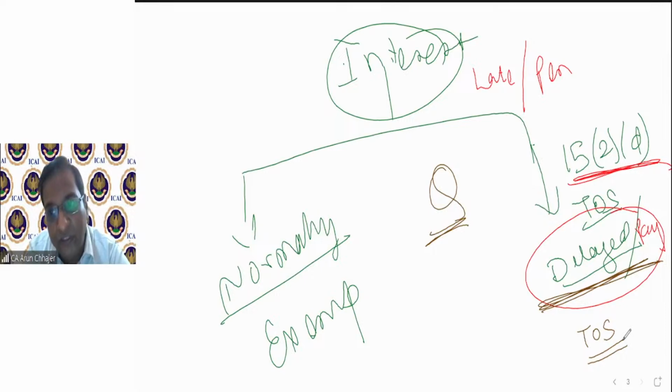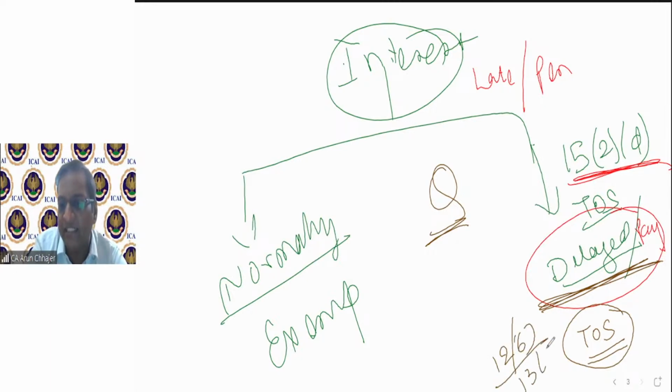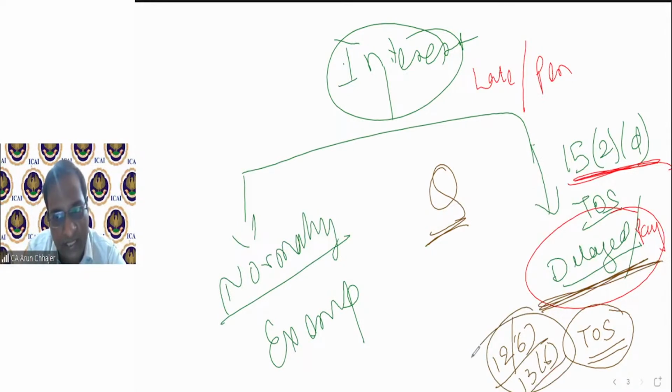Interest, late fees or penalty for delayed payment of any consideration, what would be the time of supply? You can talk about 12.6 or you can give me the answer based on 13 subsection 6, because both are the same. Whether it is goods or services doesn't matter, because the time of supply remains the same.